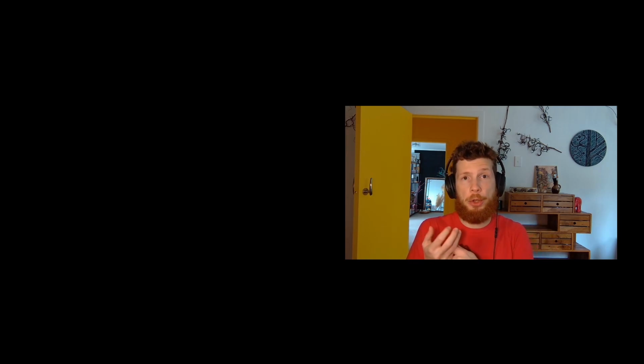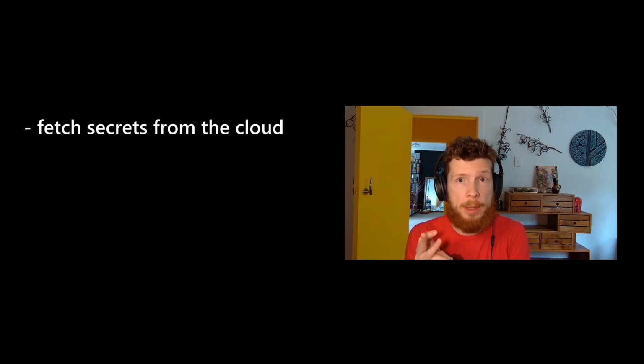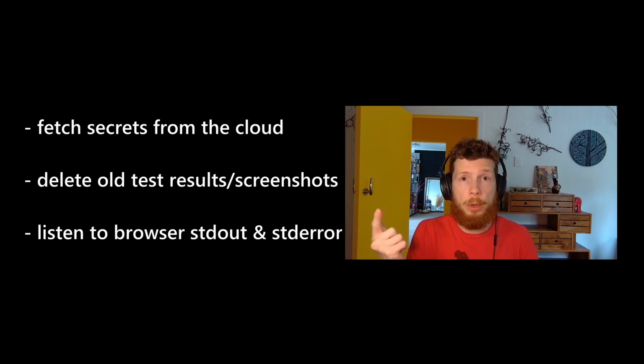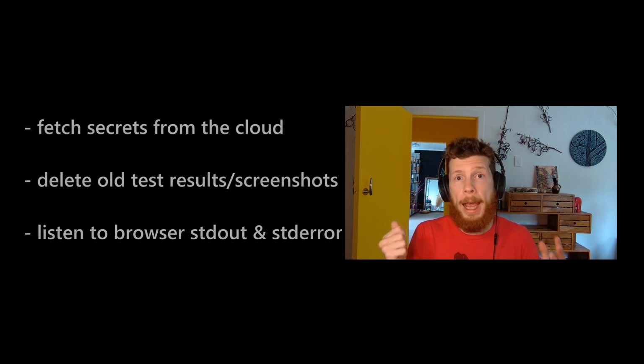By giving you access to Node.js, plugins give you unlimited power! So you will have an ability to do things like fetching secrets from AWS or Azure Cloud, deleting or renaming old test artifacts like screenshots or videos, connecting to the browser standard or error output, and many more.